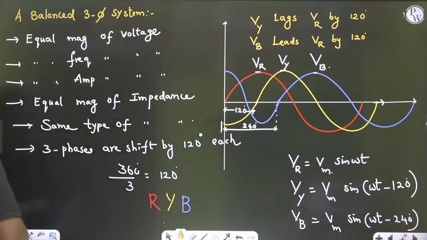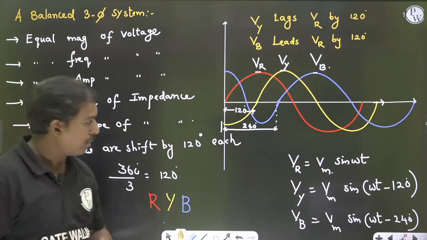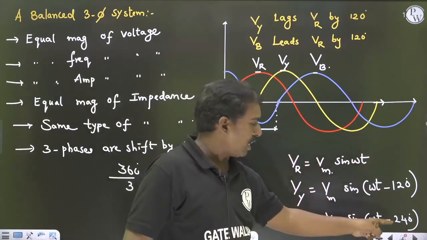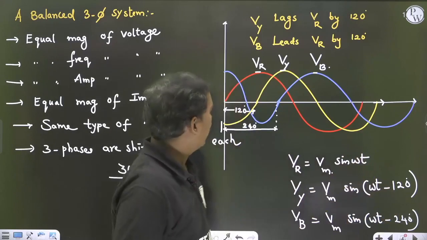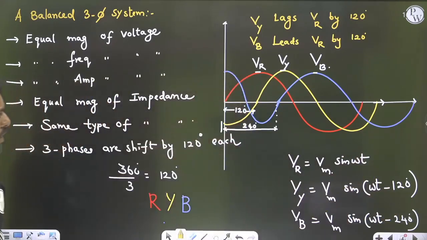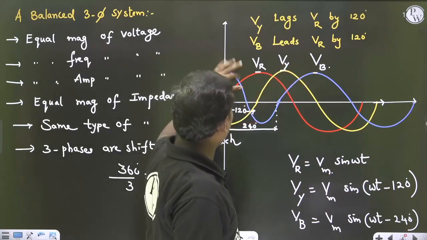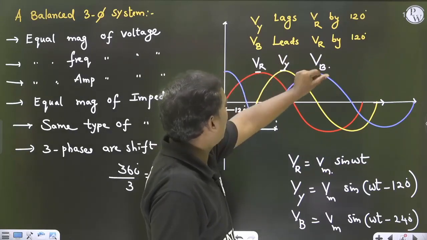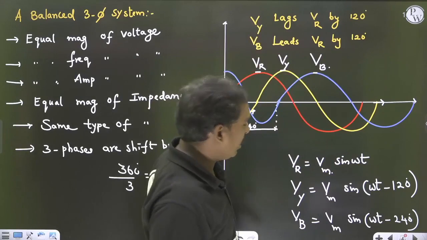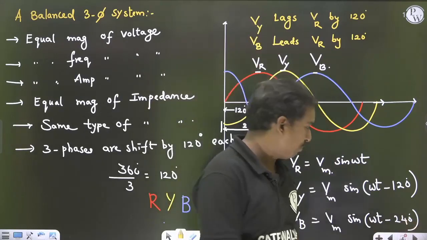But the most important point is that the phases have a shift of 120 degrees. So VR, VY, VB: VY lags VR by 120, whereas VB leads VR by 120. I have shown you that with the diagram also.